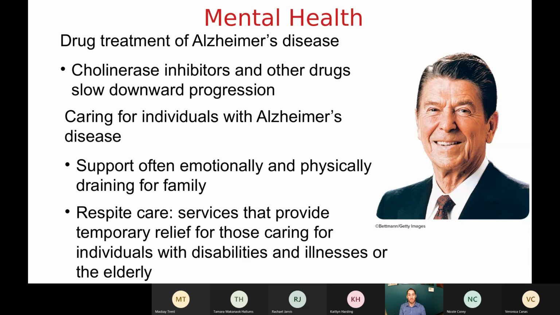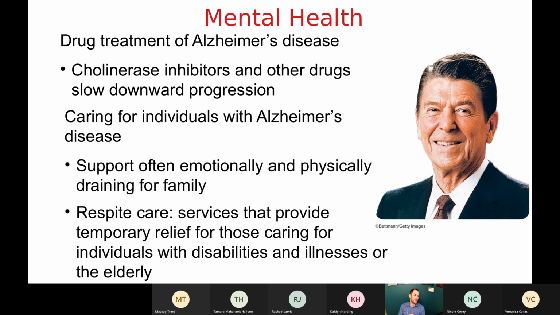Other things to care for them is to support people with Alzheimer's physically and emotionally. That can be really draining for family, especially if a person needs 24/7 care. So nursing homes are an option, but there's also respite care. So these are services where you can have a person stay at a nursing home for a few days and then come back home. Or you can have a nurse come and stay with that patient for a few hours of a day to enable you to get out and do things that you need.